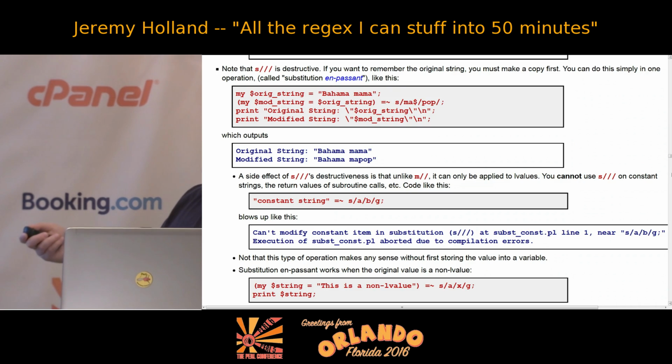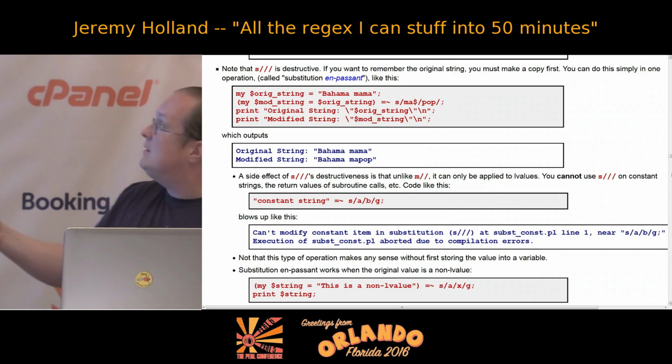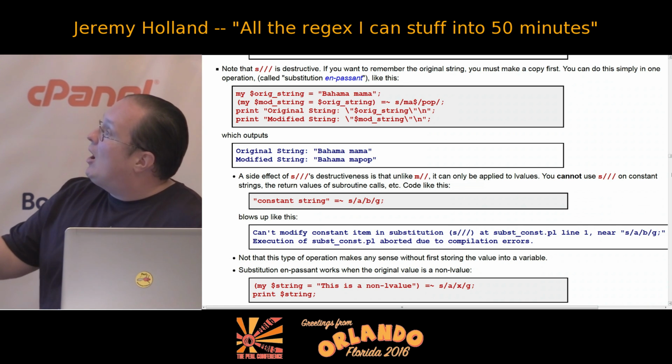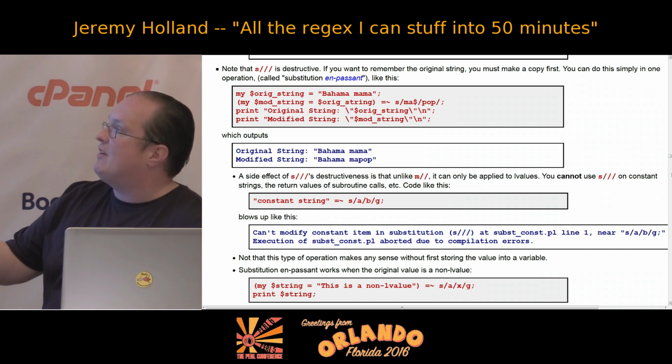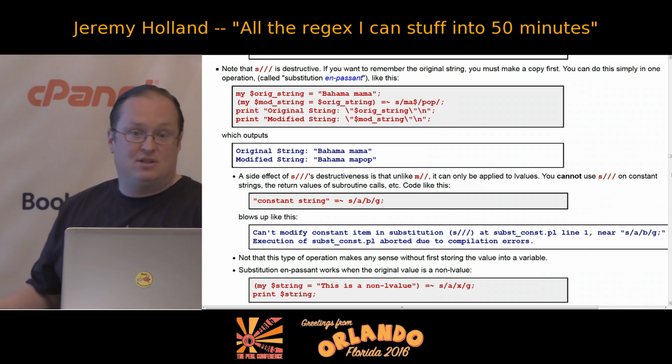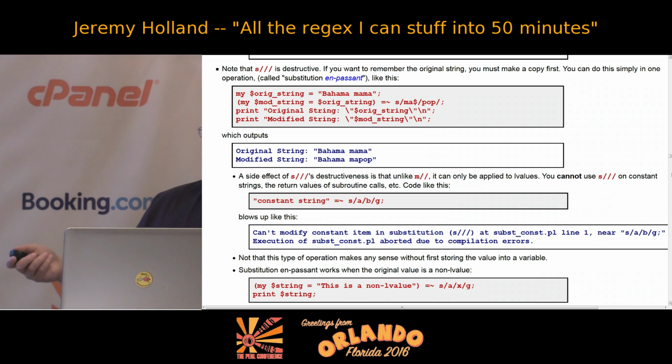You also can do something called substitution en passant, where you assign your original string to the string you plan to modify in one operation, and then call your substitution. So this is maybe not super intuitive to look at. It's one of those Perl idioms. What you get when you do this is your original string remains unmodified, and your modified string is modified, obviously.